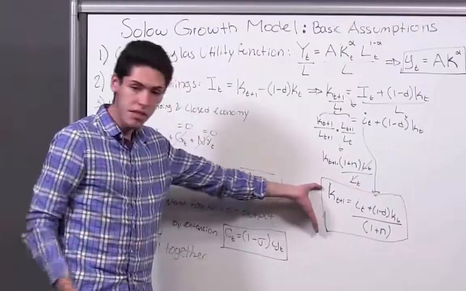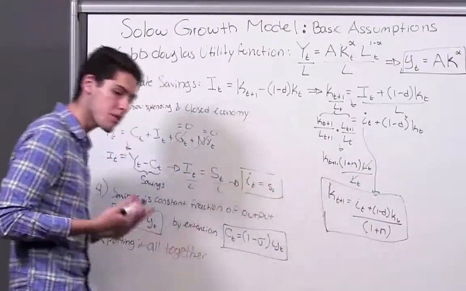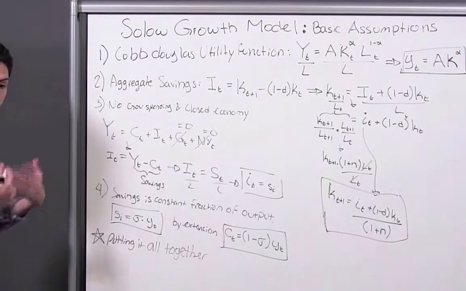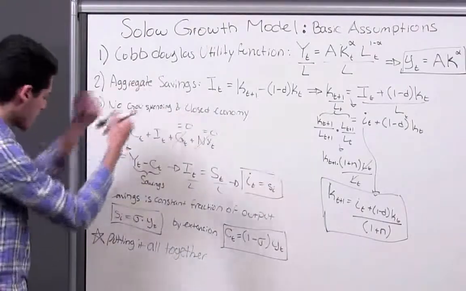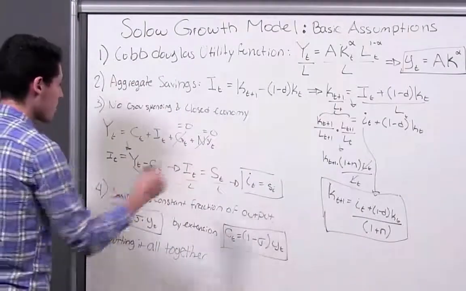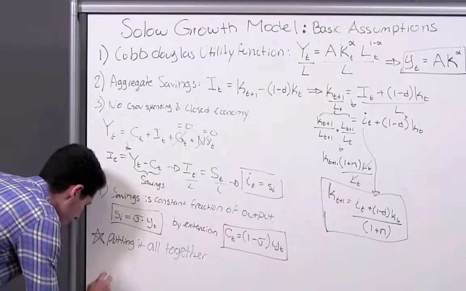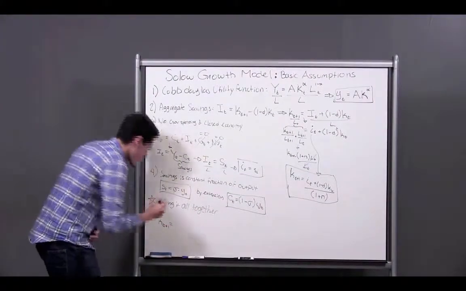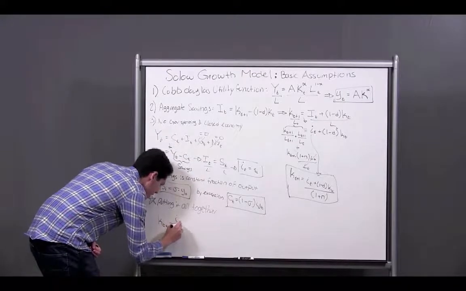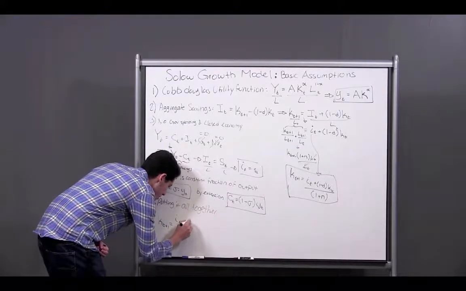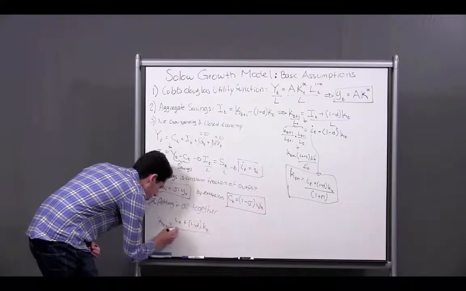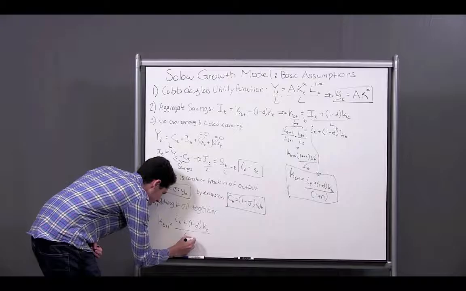We're going to start with this function right here. Because remember that the point of the Solow growth model is to be able to predict capital in the future, which will in turn let us predict output and in turn consumption in the future. So, to put it all together, we begin with our capital in the future function, k t plus 1, is equal to investment today plus 1 minus the depreciation rate of capital today, all of that over 1 plus n.